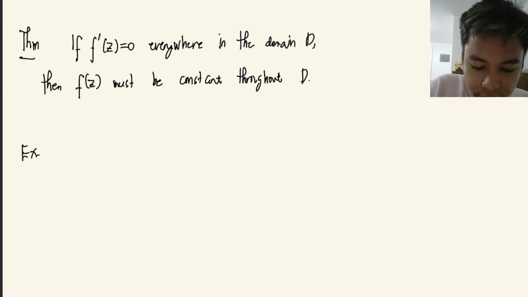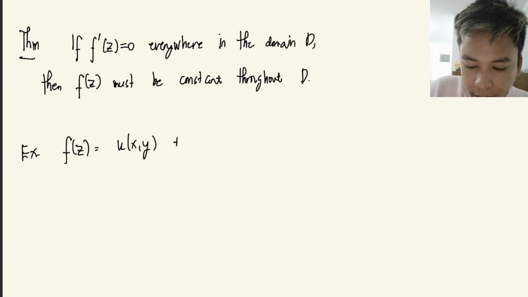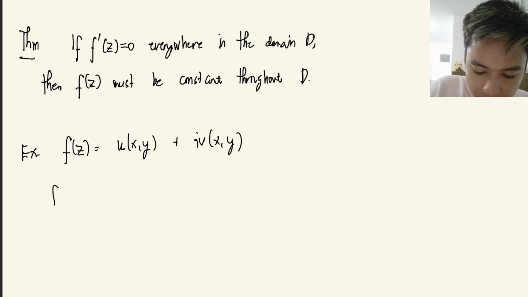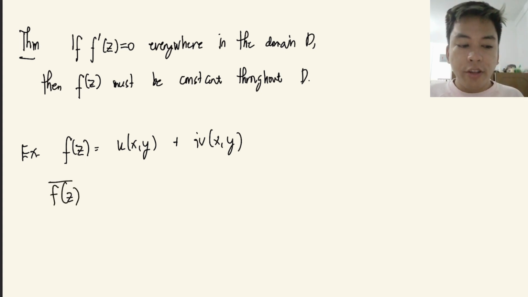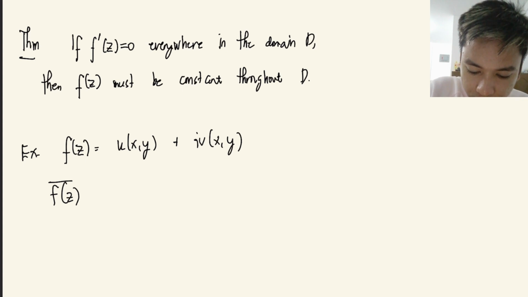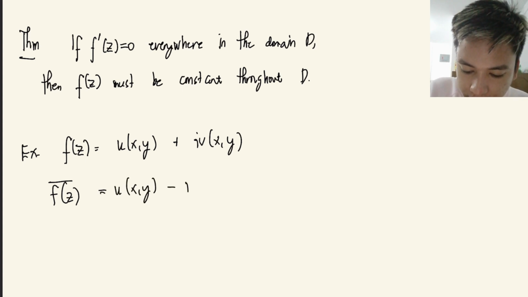Example: suppose our f of z here is u of x y plus i v of x y. And then f of z bar, so that's the conjugate of the function, of course, is u of x y minus i v of x y.